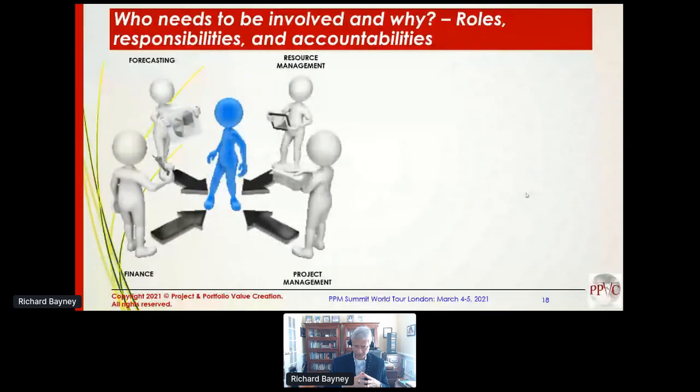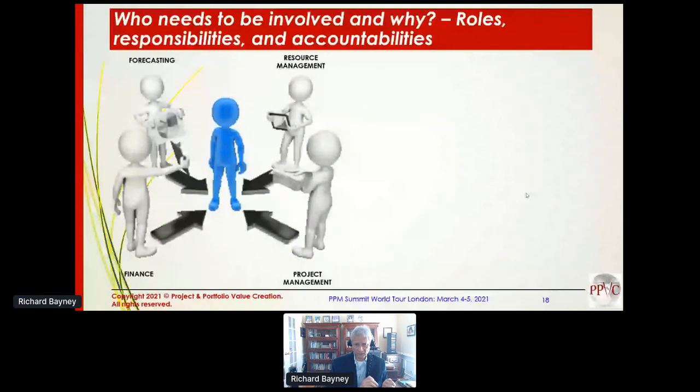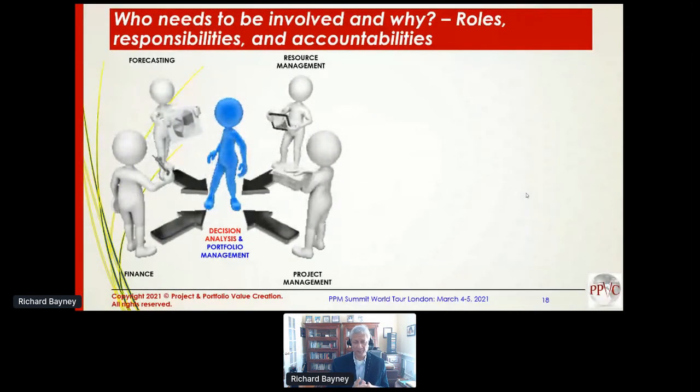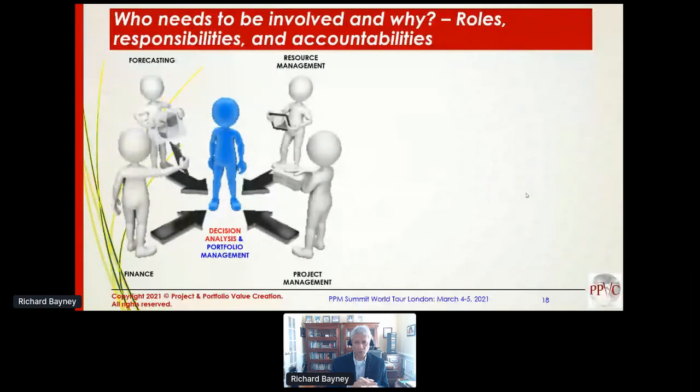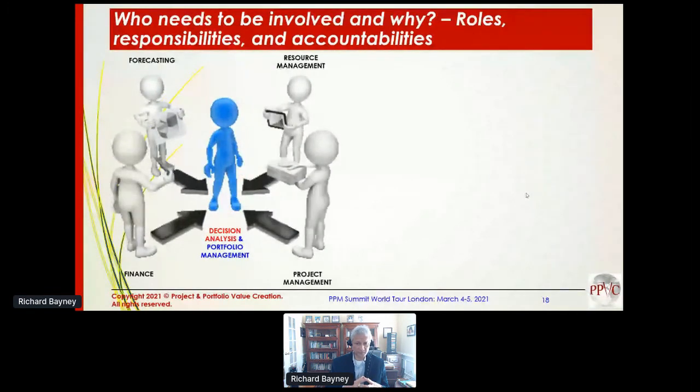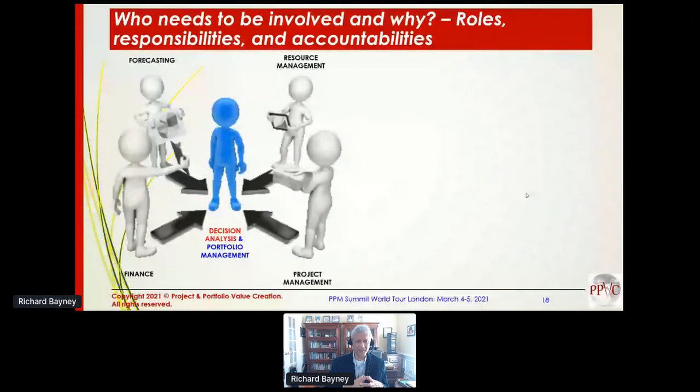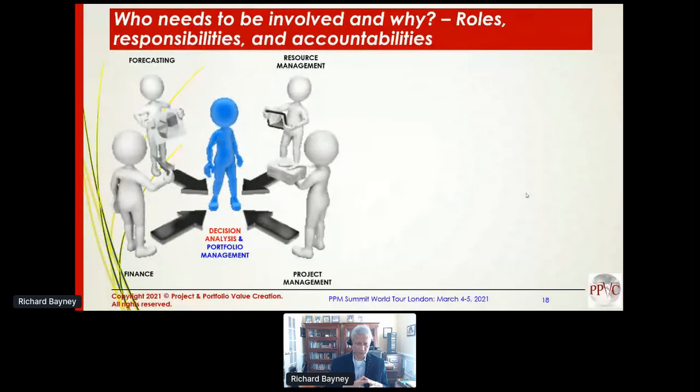So who is the individual in blue? Well, that person can be one of two people, either a portfolio manager, or as my preference becomes, both a decision analyst and a portfolio manager.